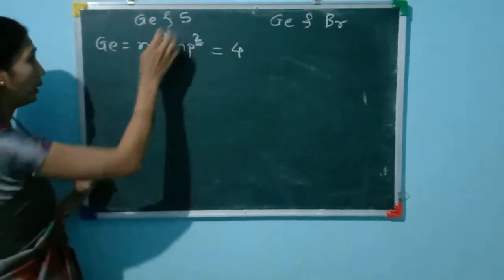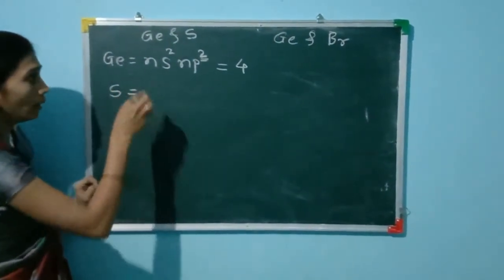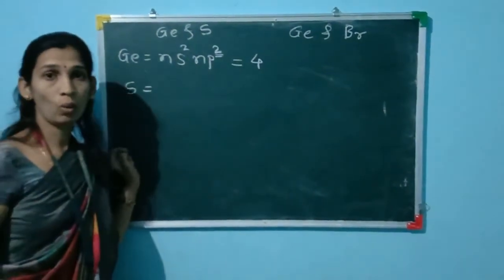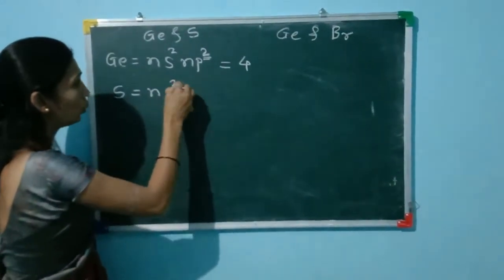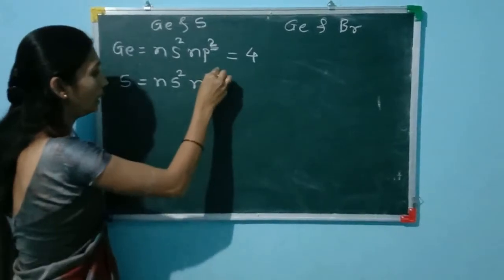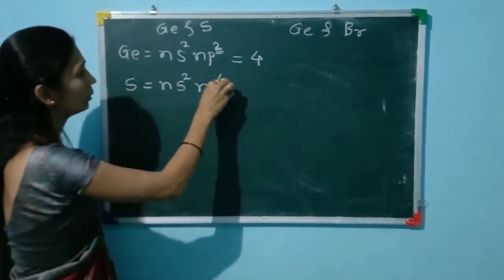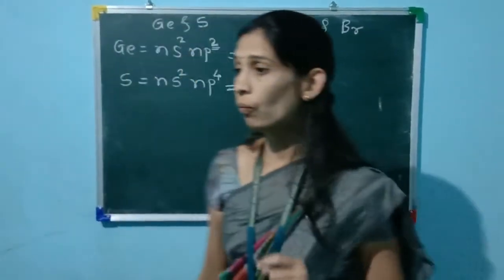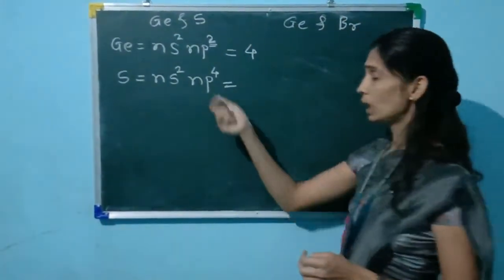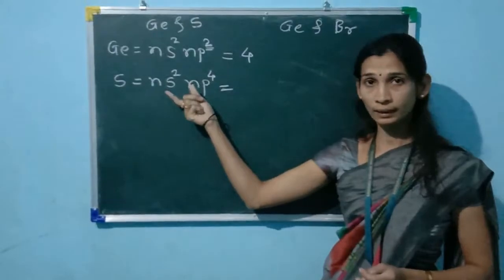Now sulfur has general electronic configuration ns2 np4. That means the outermost shell has 6 electrons.